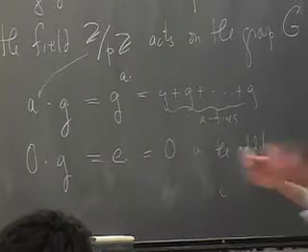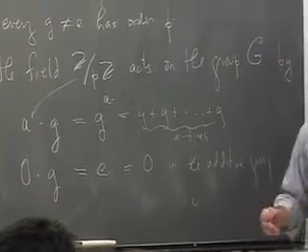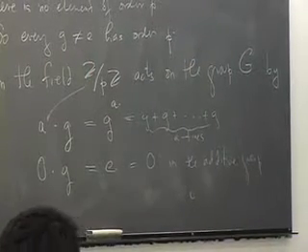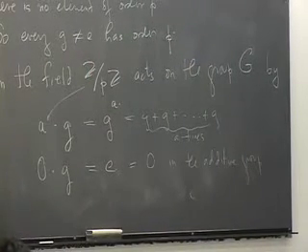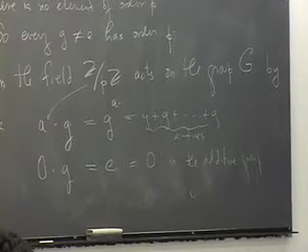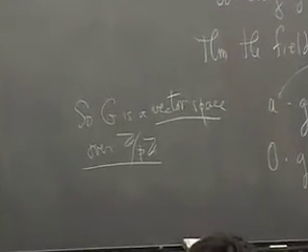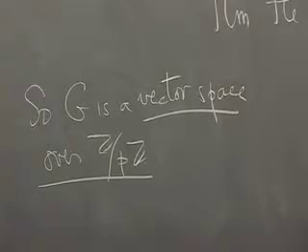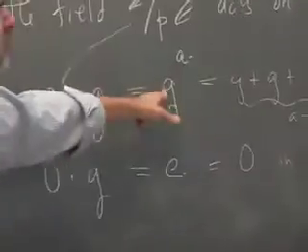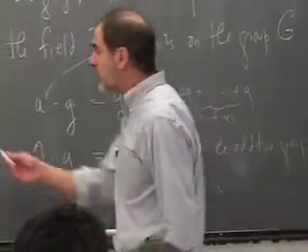And consequently, what we get in this case is that the group G is actually a vector space over this field. Namely, it's an abelian group together with an operation of a field on the group, here scalar multiplication of the field on the group. And consequently, it's a vector space over Z mod pZ.